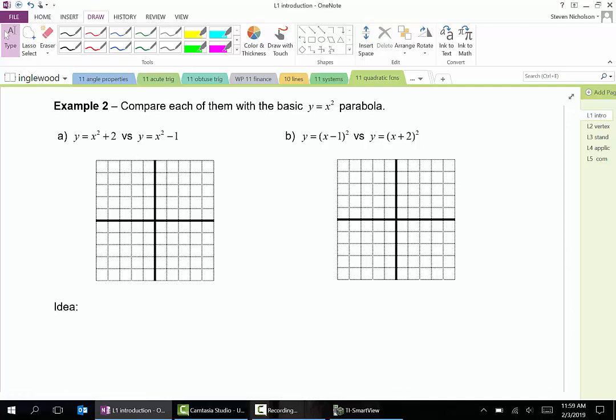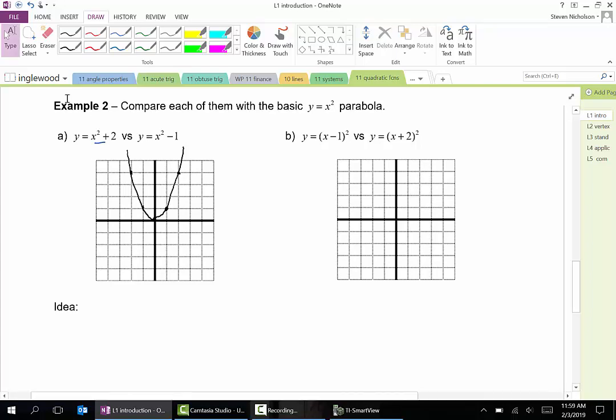Again, I'm always going to do my x squared in black, and I highly recommend you color code because it can get really confusing. So we'll always draw our x squared. There's our x squared. Let's do this one in blue.